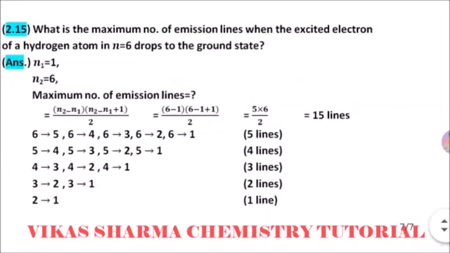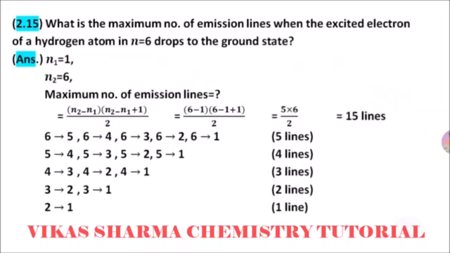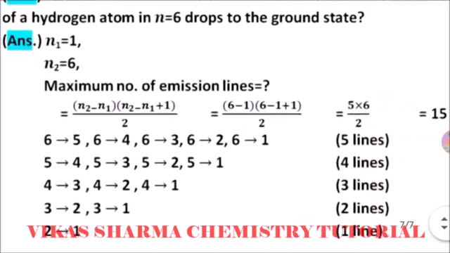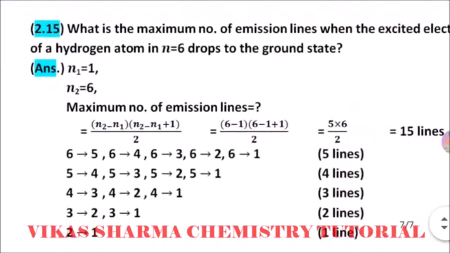Question number 2.15. What is the maximum number of emission lines when the excited electron of a hydrogen atom in n equal to 6 drops to the ground state? So n1, the ground state, is always 1, and the excited state given in the question, n2, is 6.